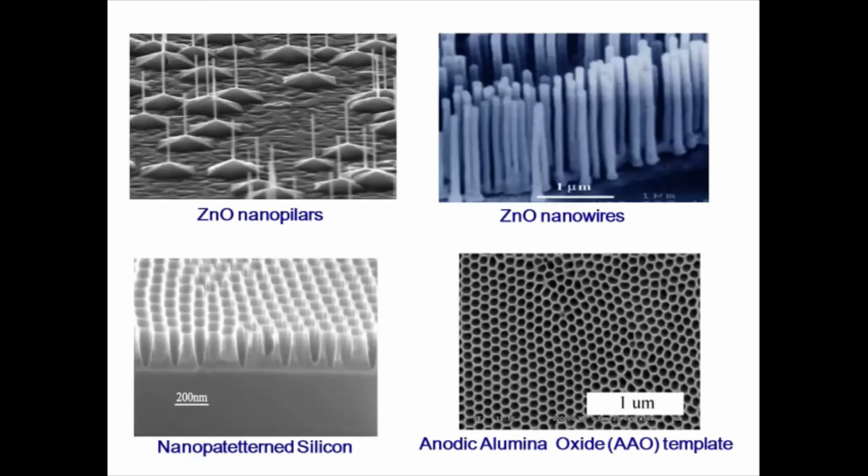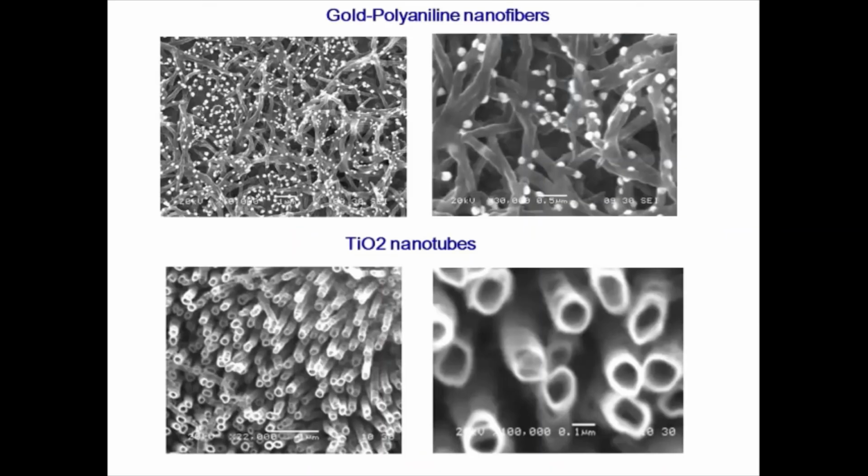These are some of the images, how the images look. The anodic alumina oxide template is an image from my laboratory. Other images I have taken from the web. And this is also from my laboratory. One of my students took a titanium foil, dipped it into HF and did some chemistry.